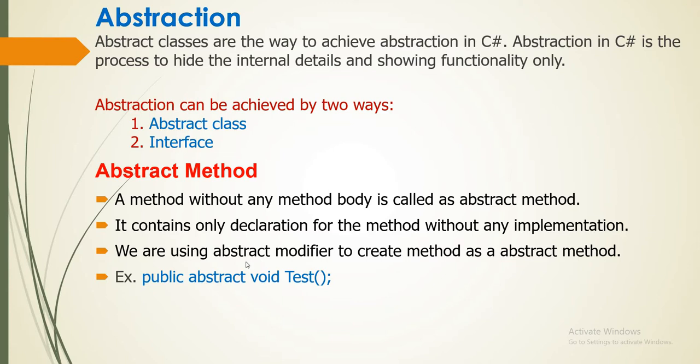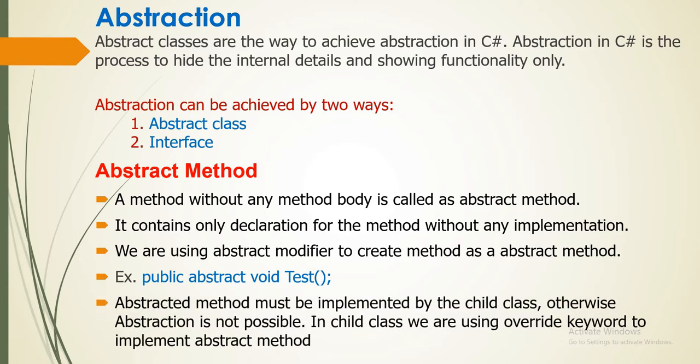Abstract is a modifier, and Test is my method name. The abstract method must be implemented by the child class, otherwise abstraction is not possible. In the child class, we use the override keyword to implement the abstract method. So this is all about the abstract method.